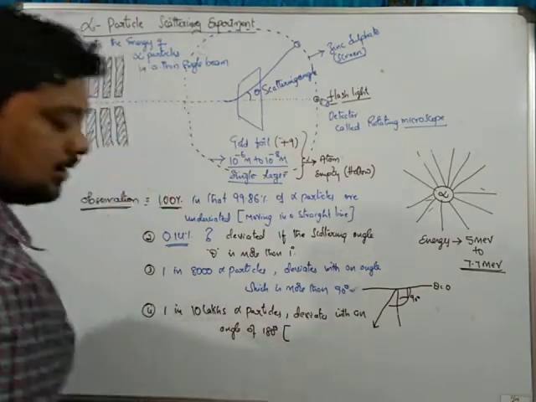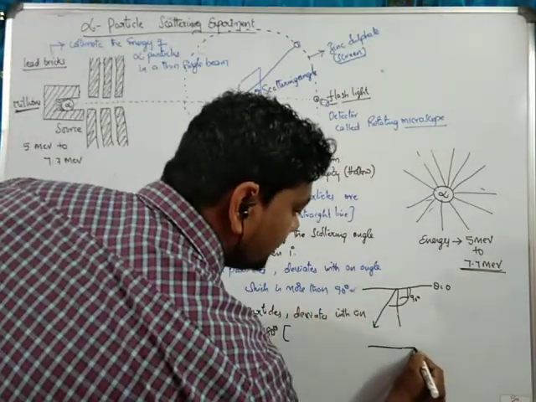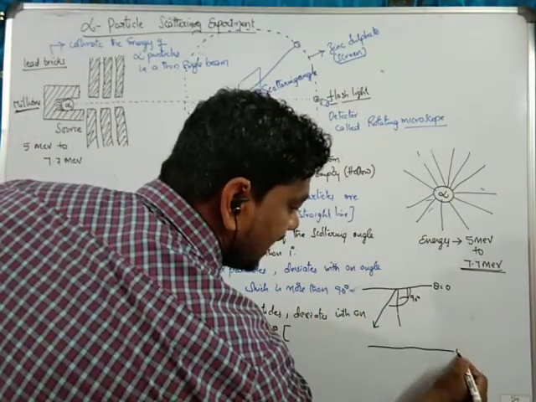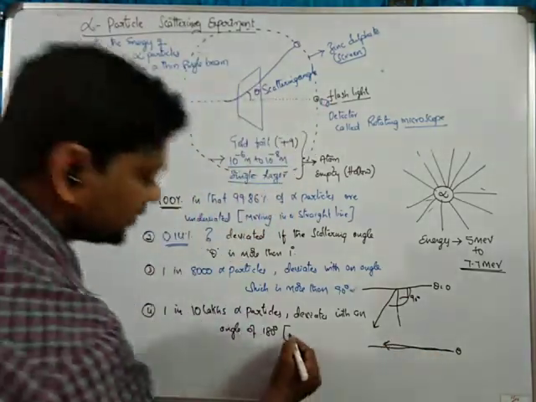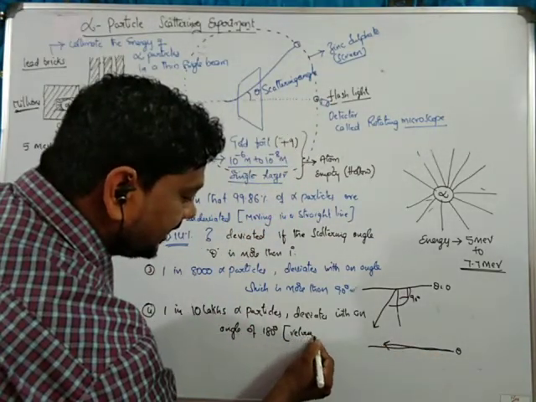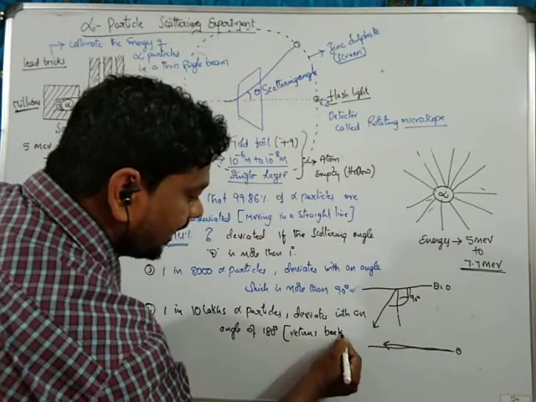So the object was moving in a straight line with an angle of 0, and again it will be retraced back. So simply it returns back.